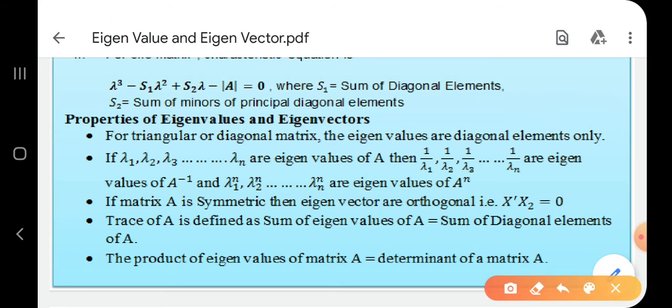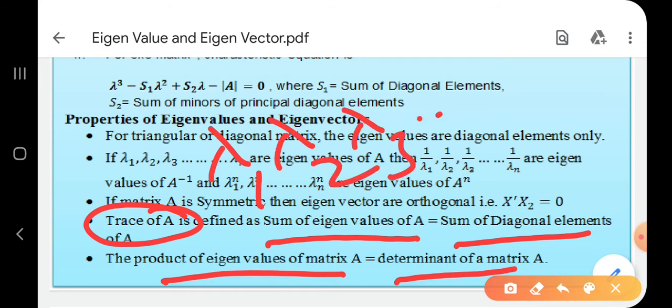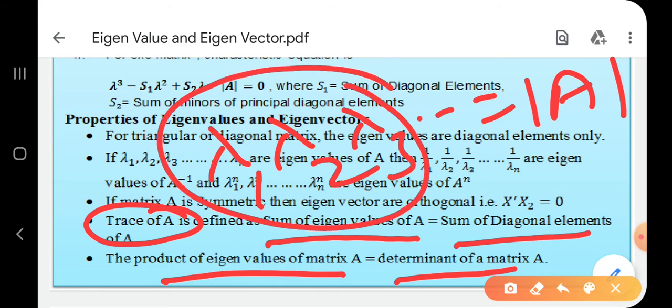In fact, I have mentioned here trace of A. Trace of A means sum of diagonal elements. And the product of eigenvalues is equal to the determinant of the matrix. Means lambda 1, lambda 2, lambda 3 is equal to determinant of A. If a 3 by 3 matrix is there, then lambda 1 lambda 2 lambda 3 is equal to determinant of A, and lambda 1 plus lambda 2 plus lambda 3 is equal to S1, the sum of diagonal elements.